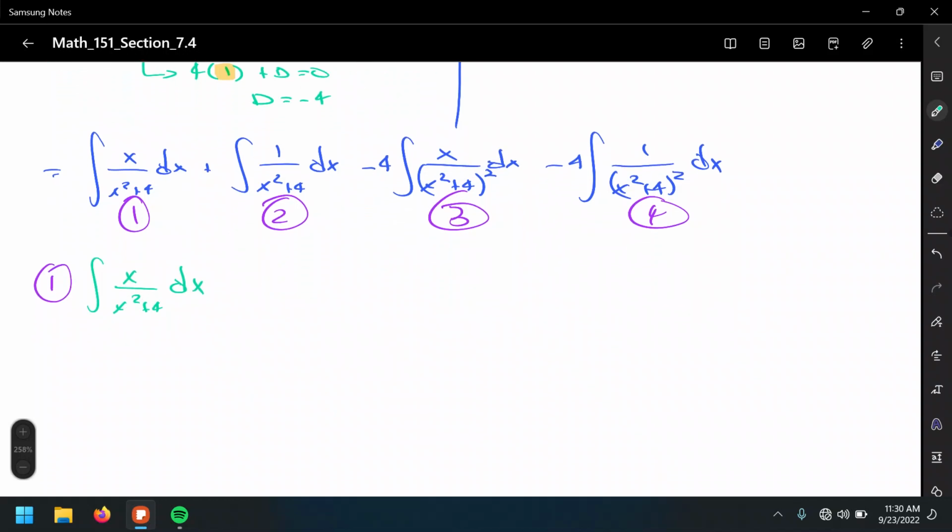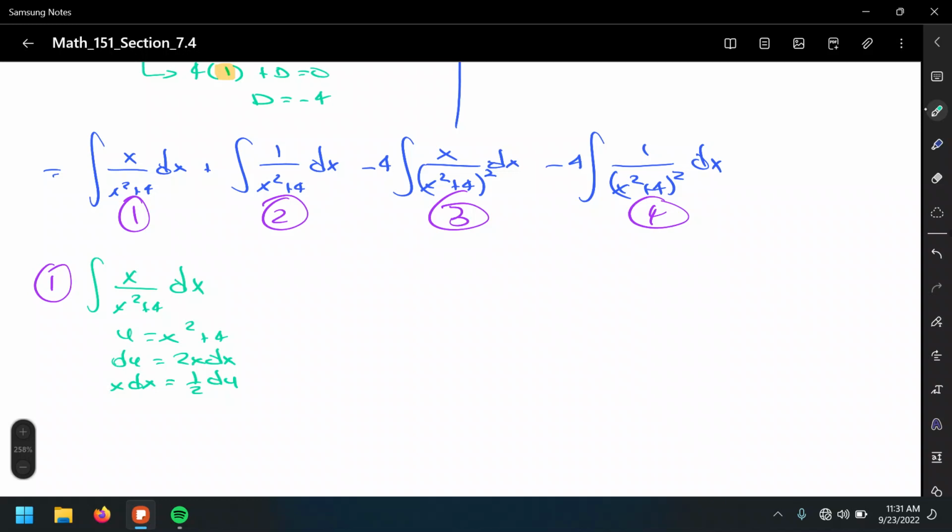This one is just a U substitution. u equals x squared plus 4, du equals 2x dx, which means x dx equals 1/2 du.